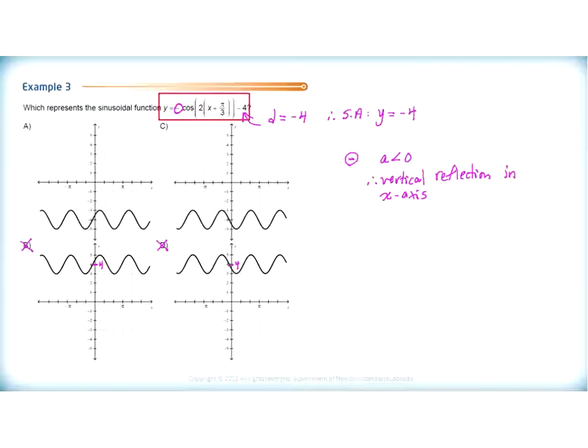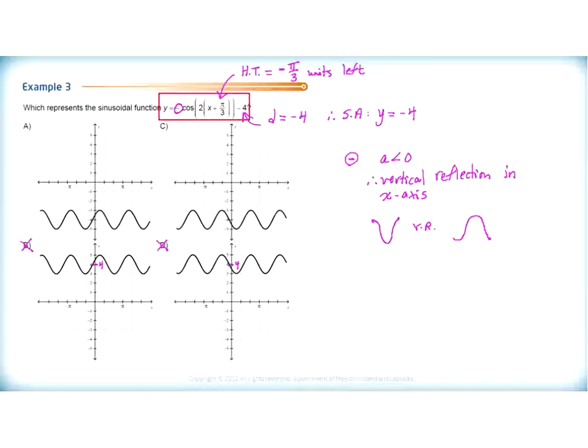Normally, the base graph of cosine is in the shape of a V. However, because of the vertical reflection, you will now have an upside down V. So the graph has to open downward. As well, because of the x plus pi over 3, that represents a horizontal translation equal to negative pi over 3 units to the left.